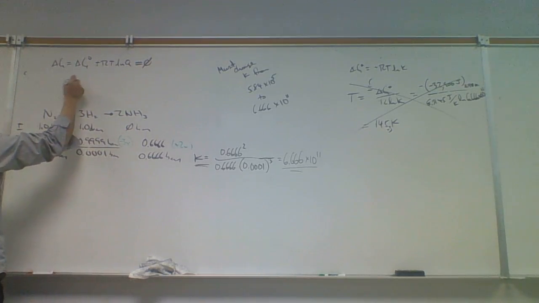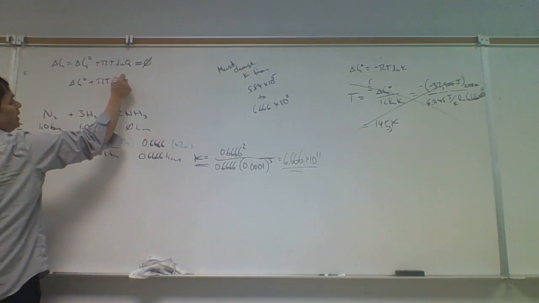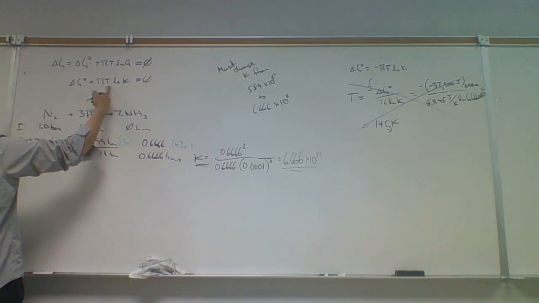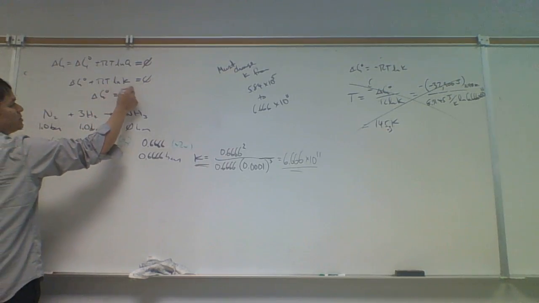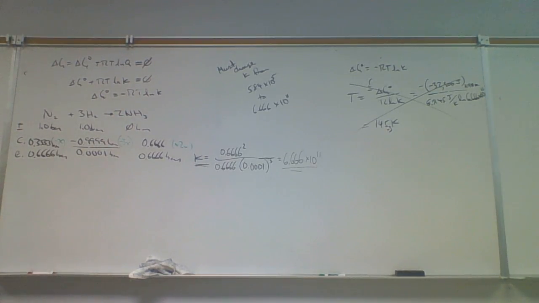And so the first thing is we'll go delta G naught plus RT ln K is equal to 0. And then we'll just subtract RT ln K from both sides, and we'll go delta G naught is equal to minus RT ln K. And you know what? We're back to where we just started. It looks right. Everything's right. What you say is right.